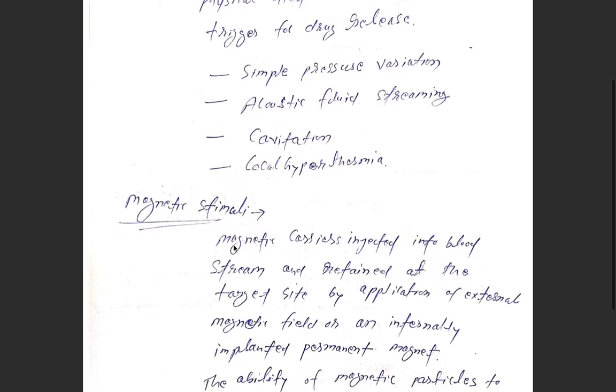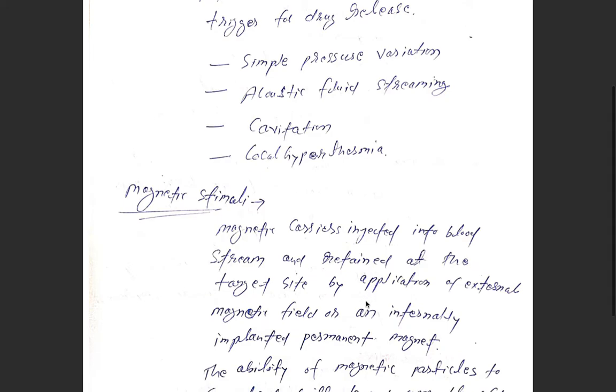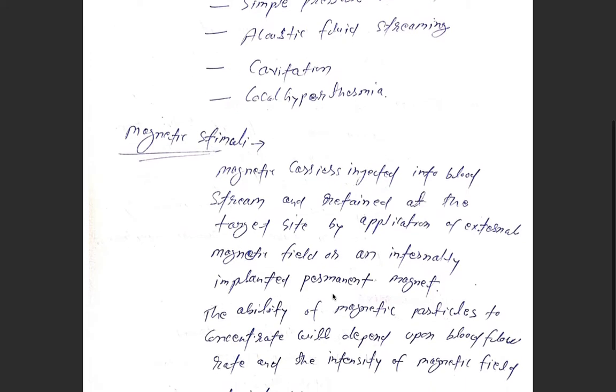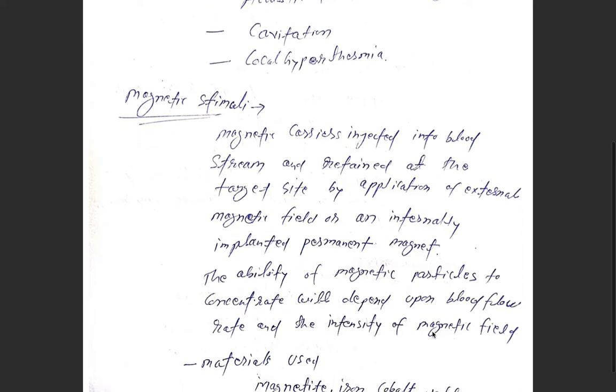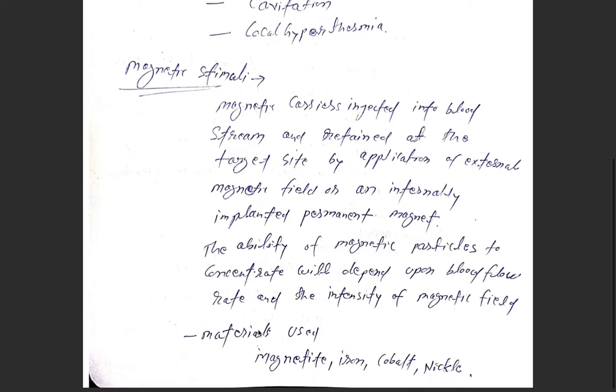Magnetic stimuli. In magnetic stimuli, a magnetic carrier is injected into the bloodstream and retained at the target site by application of an external magnetic field or an internally implanted permanent magnet. The ability of magnetic particles to concentrate will depend upon blood flow rate and the intensity of the magnetic field.